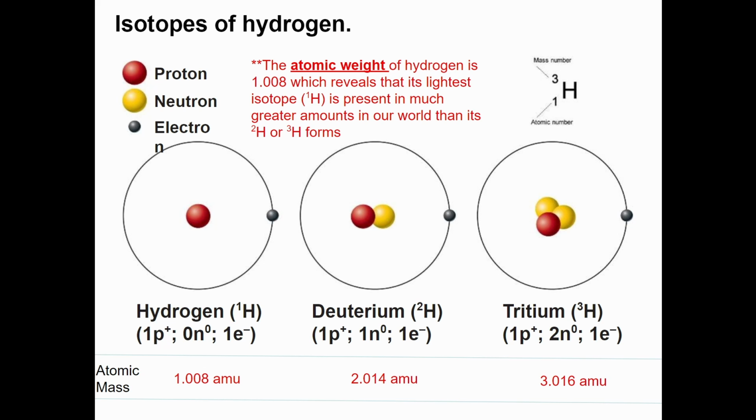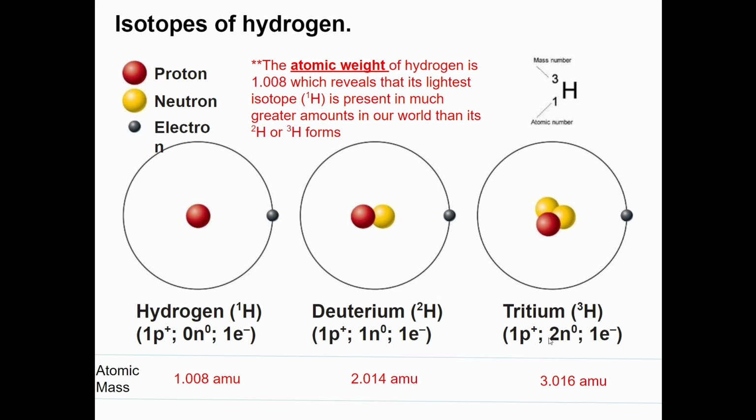For example, let's look at isotopes of hydrogen. So the atomic weight of hydrogen is 1.008 on average, and that reveals that its lightest isotope, which is right here, the one we're used to calling hydrogen, but it's hydrogen 1 with 1 proton, no neutrons, and 1 electron, is present in much greater amounts in our world than the other 2 forms.